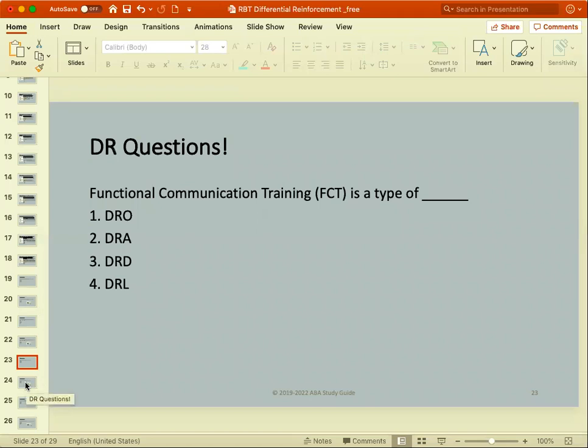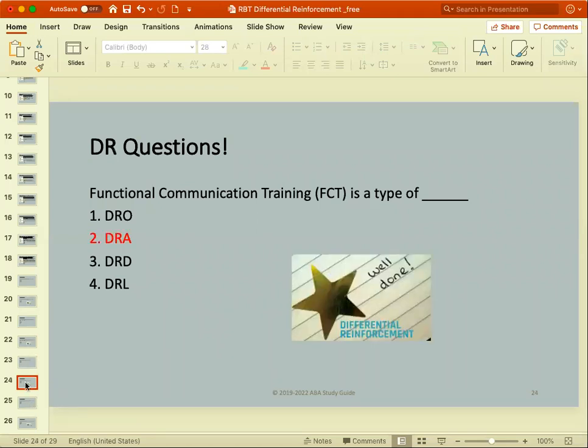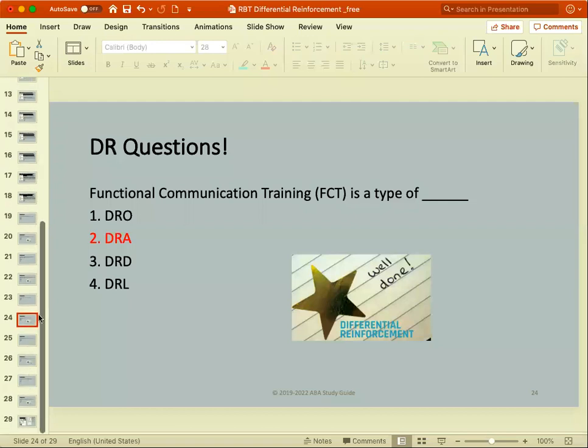All right, so manding is a great example, and your manding is going to be the function is access to something or maybe escape from something, depends on what it is. Do I want something or am I trying to mand to get out of something?